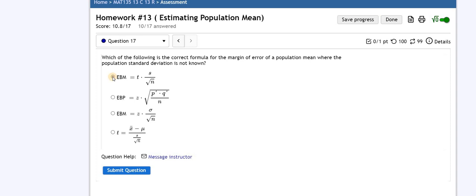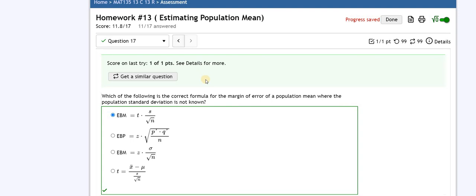If we have the population standard deviation, we use z-scores, but since the population standard deviation is unknown, we use the t distribution and the sample standard deviation. So the first formula is the margin of error when we don't know the population standard deviation. And that's it for homework number 13.